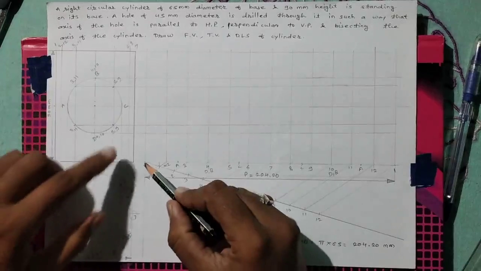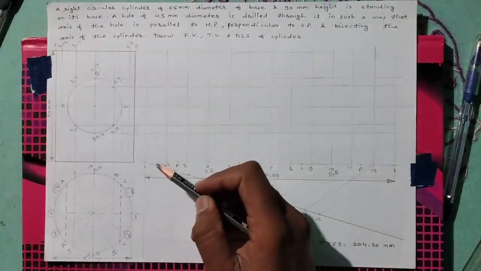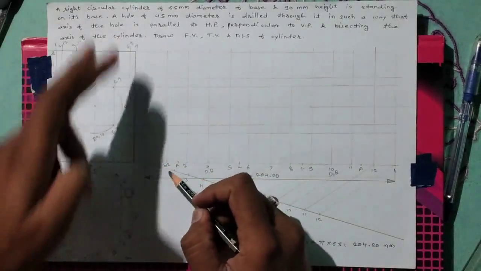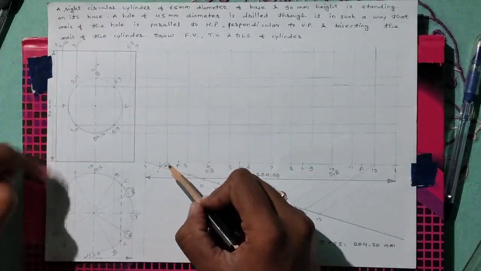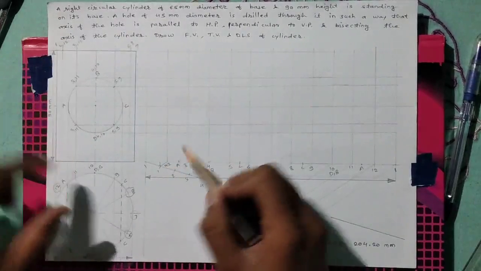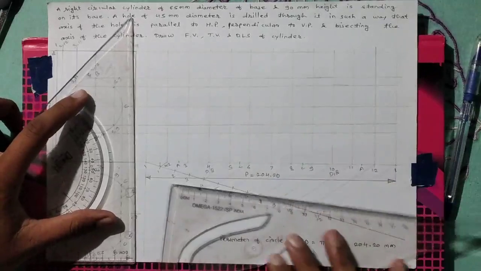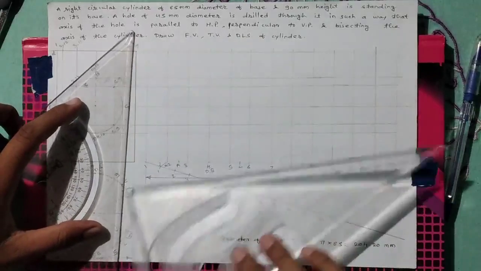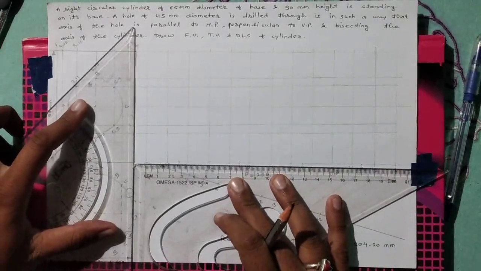Here is point 1. There is no intersection from this point 1. Therefore, there will not be any intersecting point or profile point on this line. After that, point 2, there is no intersection for this point 2. After that, there is point A. We have to draw the vertical line from this A for all these points.